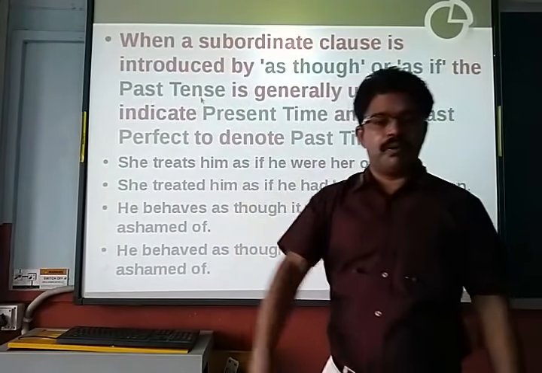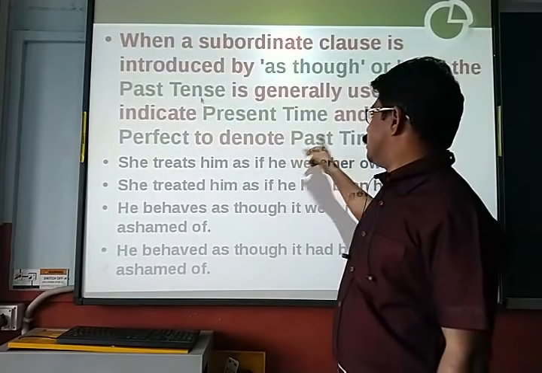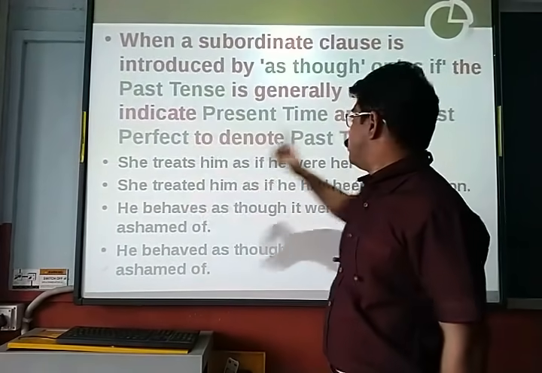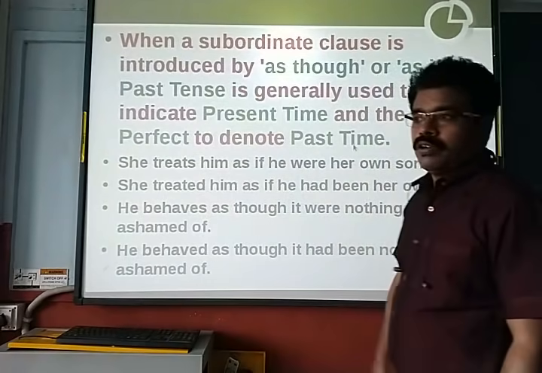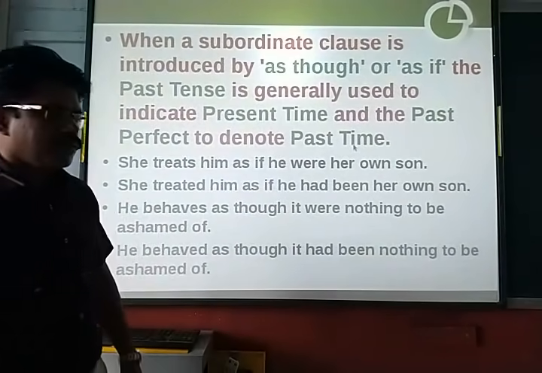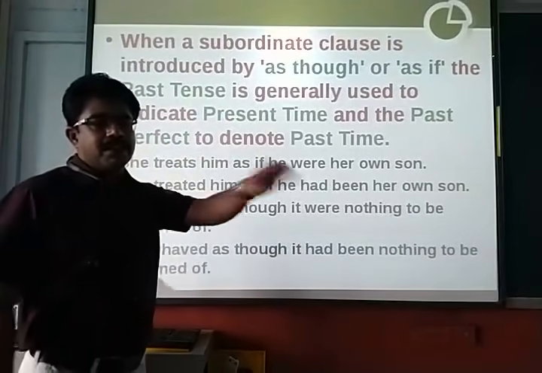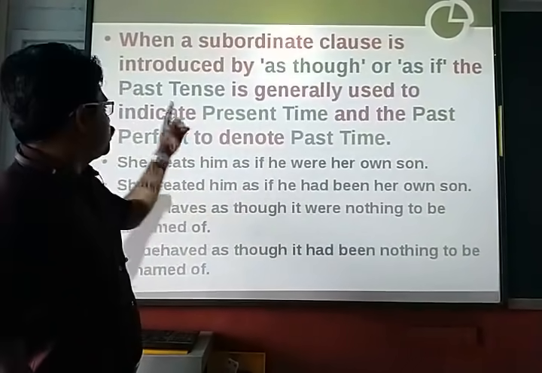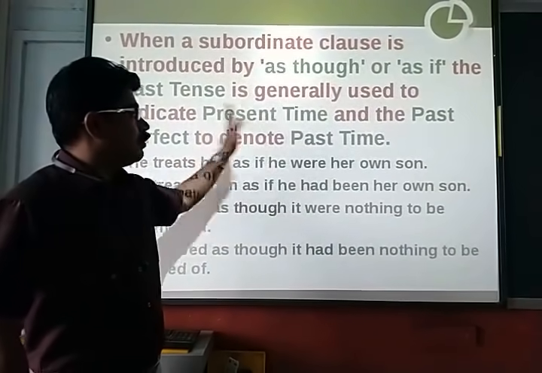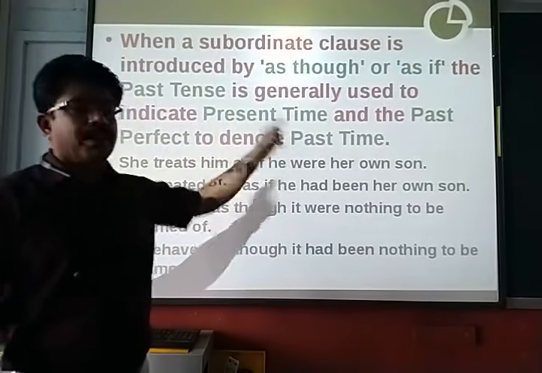Now, what will you do with past time? Then we have to follow past perfect, almost like the rule we are studying in direct and indirect speech, where past takes past perfect. The same rule is used here. So for present time we use past tense, and past perfect to denote past time.